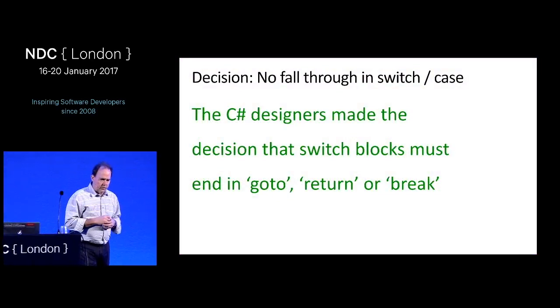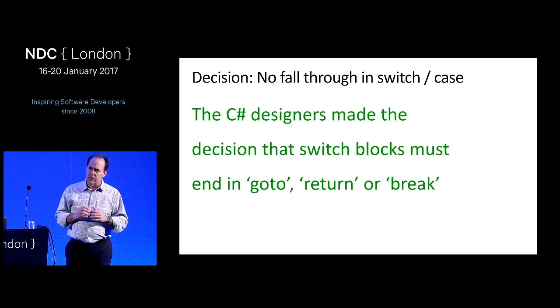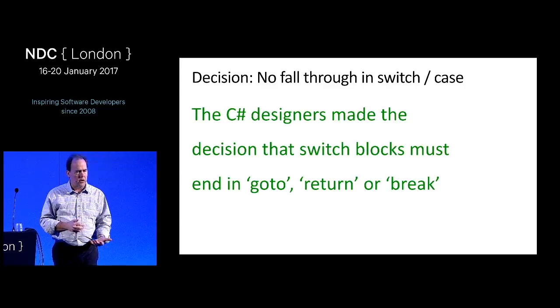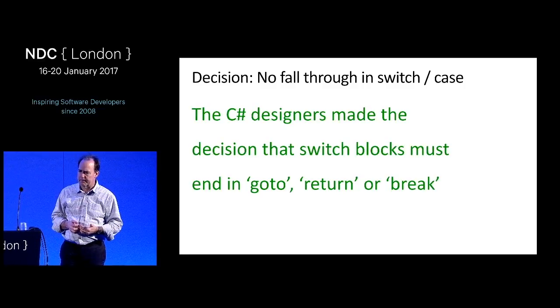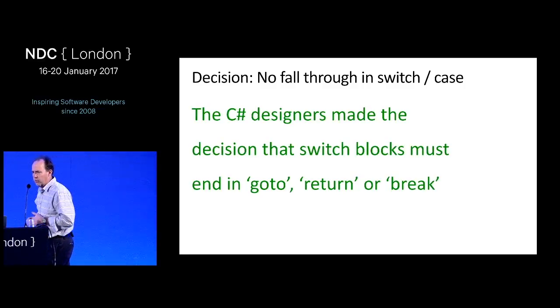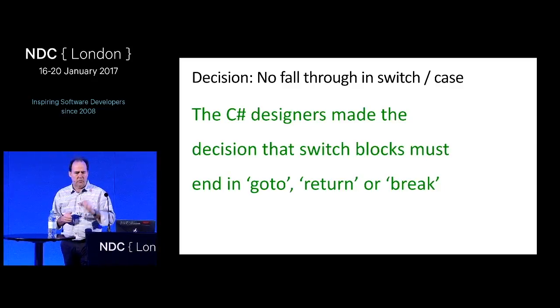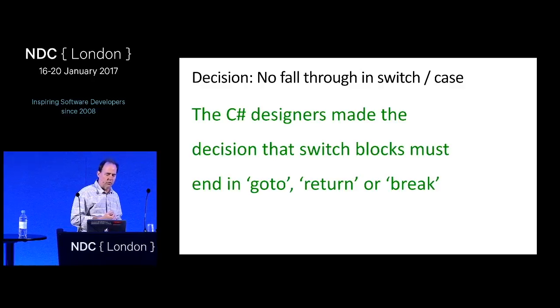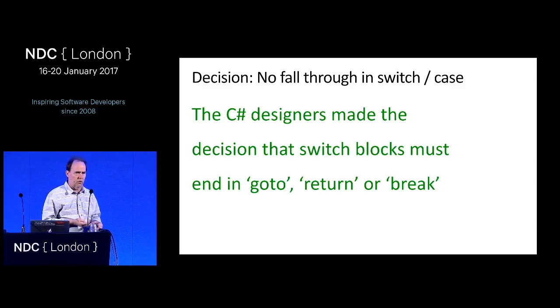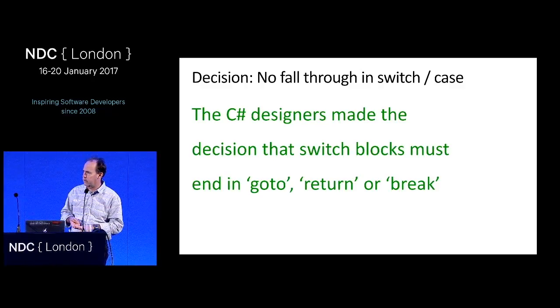One of the big goals of C# is to make it easy to do the right thing and hopefully make it hard to write bugs. Okay? So one of the decisions they had was we're not going to fall through in a switch or case statement. Every case block has to end in a goto, a return, or a break, or a throw would be the other way to terminate one.